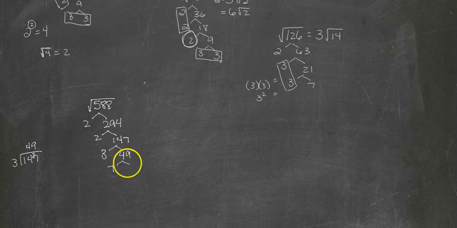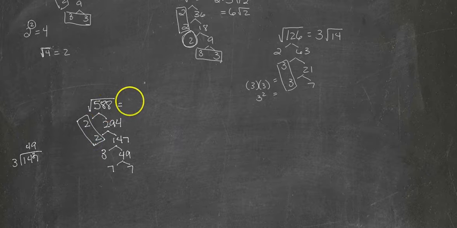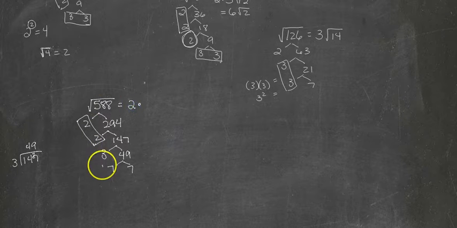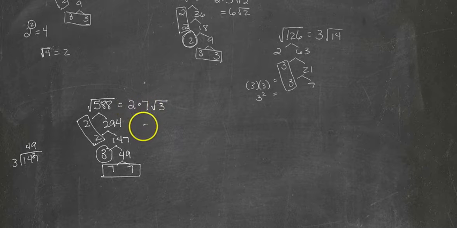And then 49 is 7 times 7. So what do I have pairs of that I can pull out as individual factors? I have a 2 squared, which comes out of the radical as a 2. And I have 7 squared, which comes out of the radical as a 7, and I have this 3 that has to stay inside. So 2 times 7 is 14, root 3.